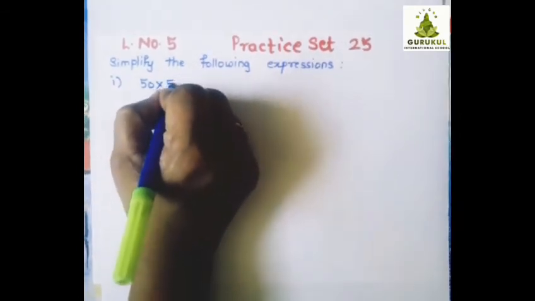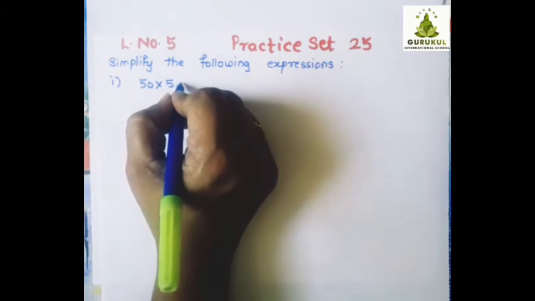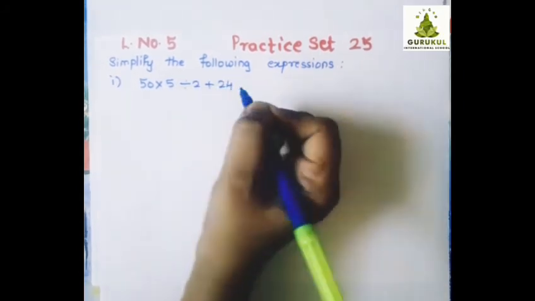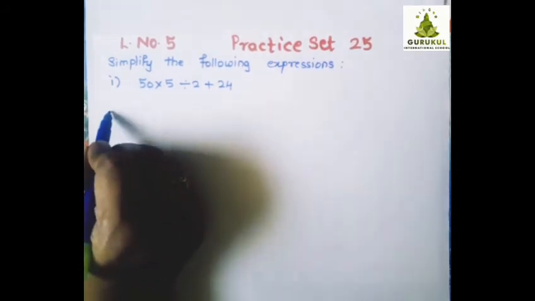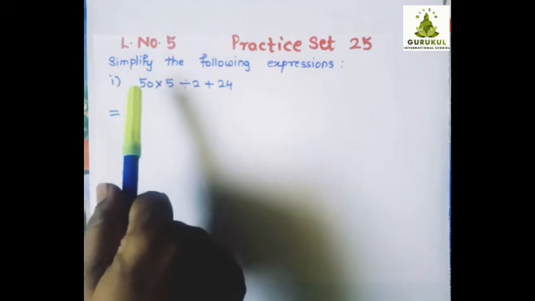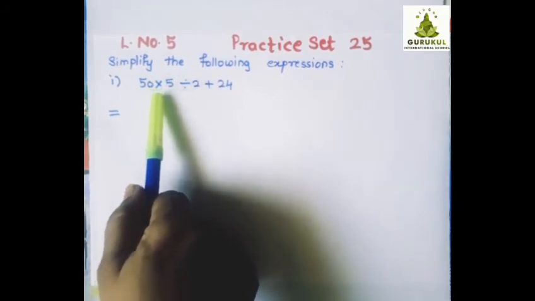The first sum, which is given in your practice set 25, is 50 multiplied by 5 divided by 2 plus 24. Now in this example, if you see from the left side, which operation comes first? Multiplication. So we have to carry out multiplication first.